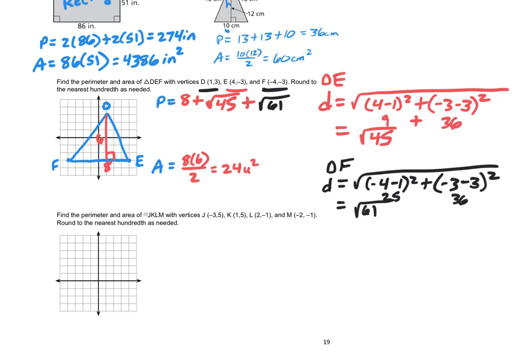So I'm going to put this whole thing into my calculator. Depending on what kind of calculator you have, you just got to be a little bit careful, okay? So if you have your calculator, let's try putting this in, just so you know how to put this in. Really doesn't matter what we start with, but let's go 8 plus square root of 45 plus the square root of 61, and hit equals.